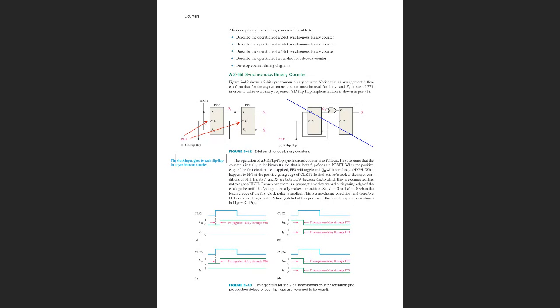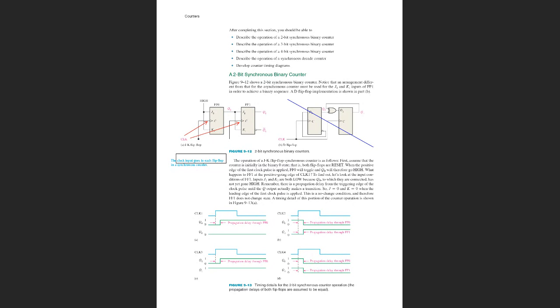The leftmost flip-flop is connected to a high signal, to 1, which means it's set up for a toggle, and the rightmost flip-flop, FF1, is connected to Q0, to the output of the previous flip-flop.